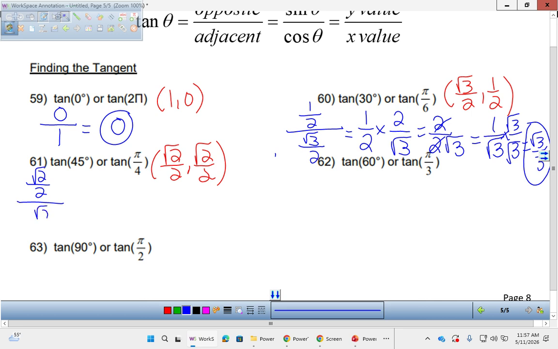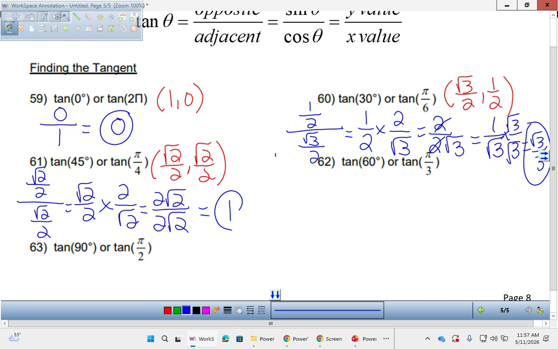Or keep, change division to multiplication, flip. 2 times root 2 is 2 root 2. What's 2 root 2 over 2 root 2? 1. The tangent at 45 degrees is 1.